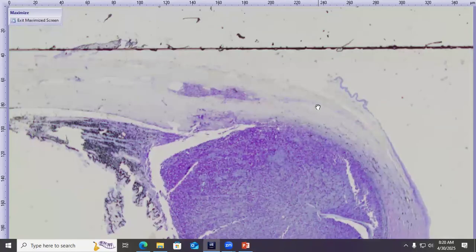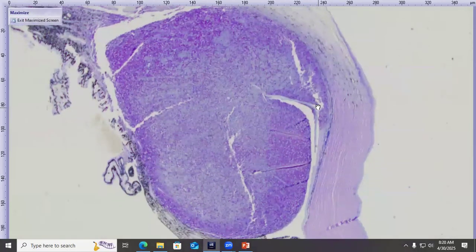Yeah, it's weird. There's two masses. That was kind of our conclusion, the comment too, that maybe consider staging this patient to find a primary tumor elsewhere. But yeah, interesting nonetheless.